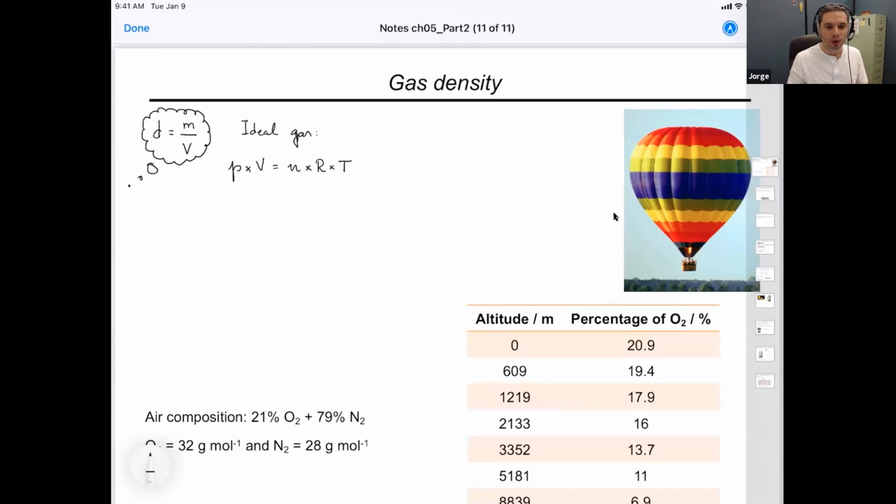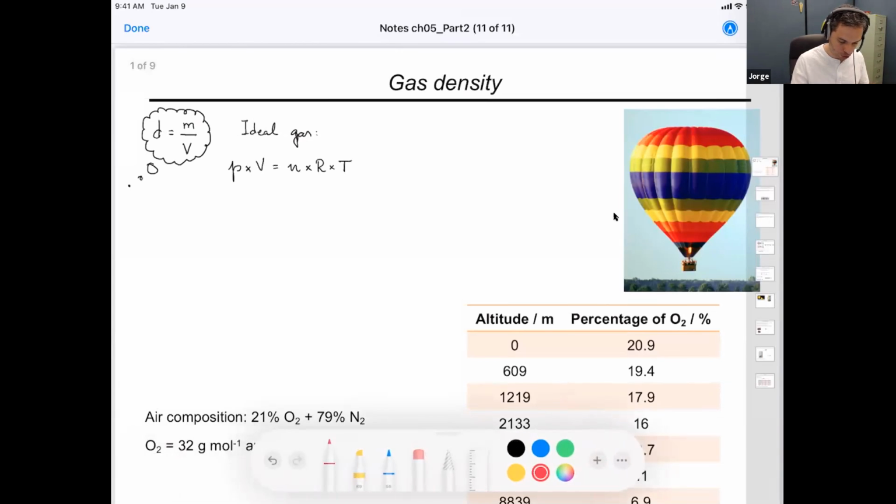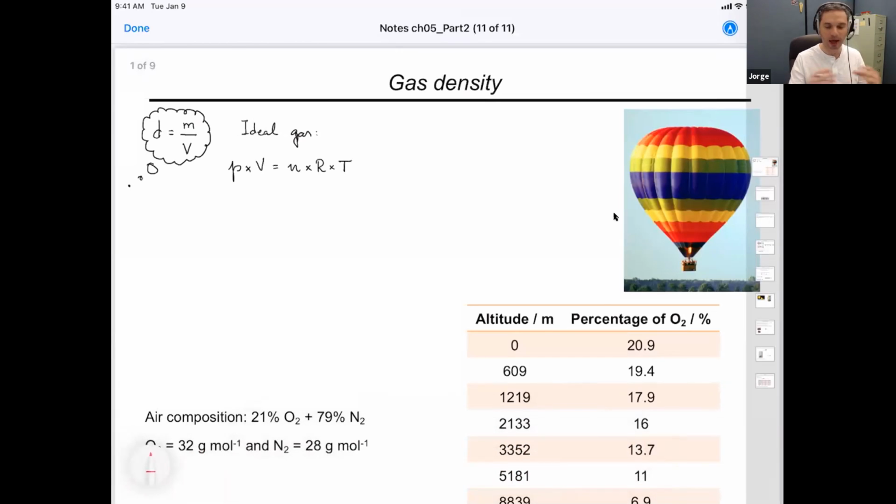I'm going to do an adjustment to that equation to achieve an equation to find the gas density. I know that the number of moles is always equal to the mass of the compound over the molar mass.